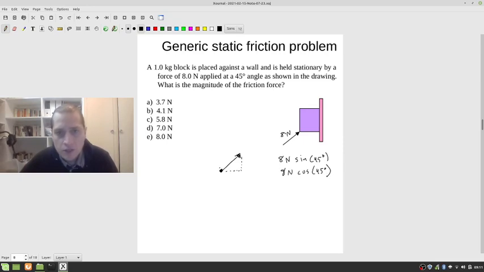What other forces are going to be acting on this block? It's a 1 kilogram block. If I know that and we're on Earth, there must be some force of gravity.